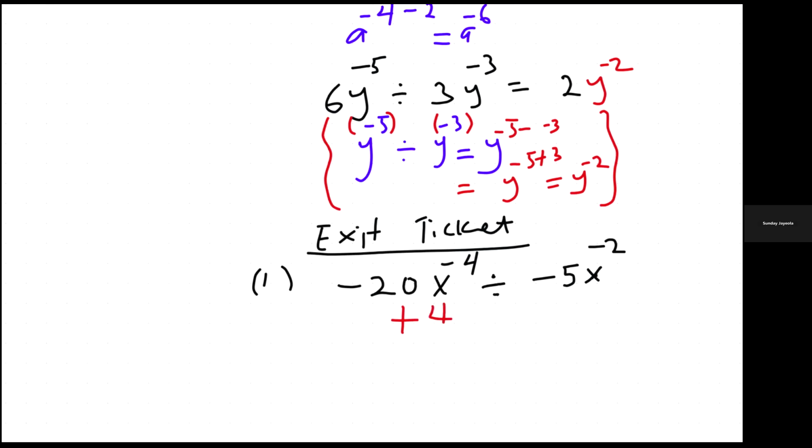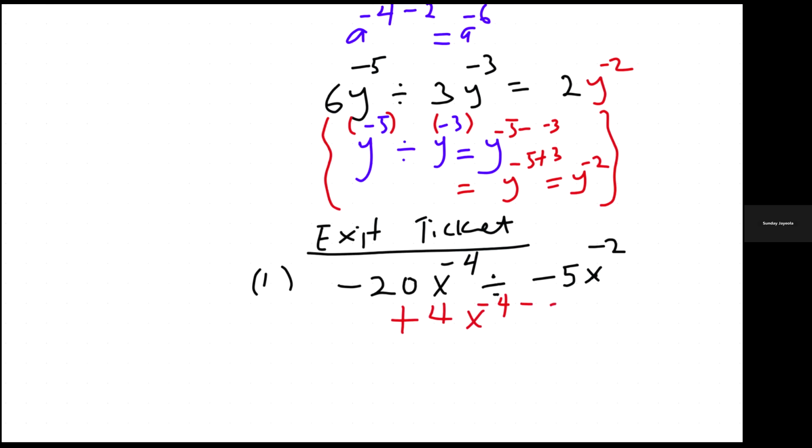Take one base, that's x, and the power becomes negative 4. Division will change to minus, and minus with the negative 2 becomes plus. Somebody may say, I don't know how you get that. Division will change to minus, and therefore you have this to be negative 2.